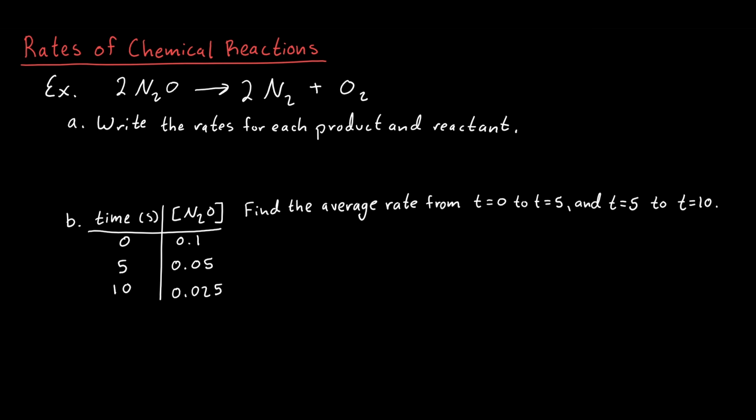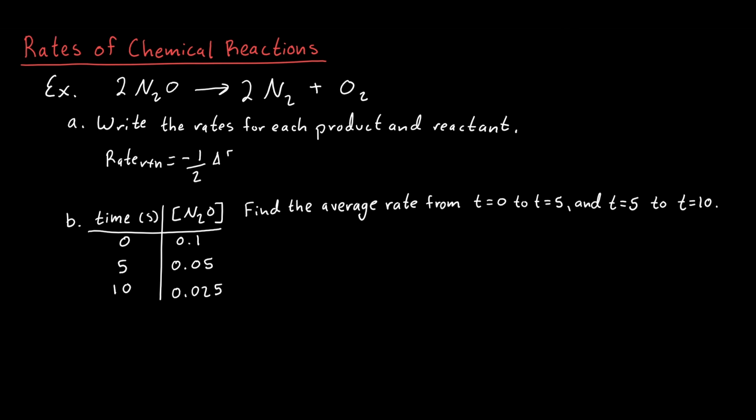So let's look at an example for this. We're given the equation 2N2O goes to 2 nitrogen plus oxygen. So first let's write the rate of the reaction. So the rate of the reaction for N2O, since it's our reactant, will be negative, and it's 1 over the coefficient.